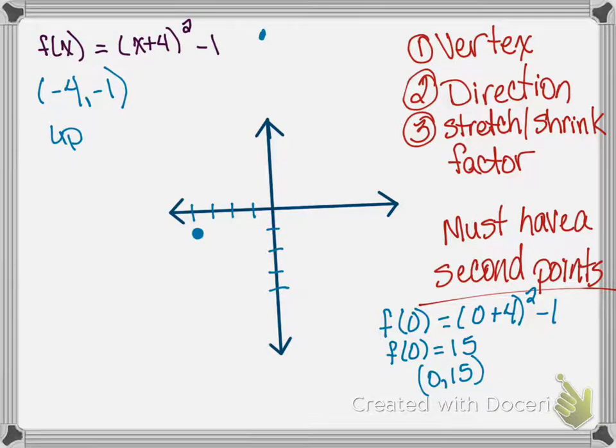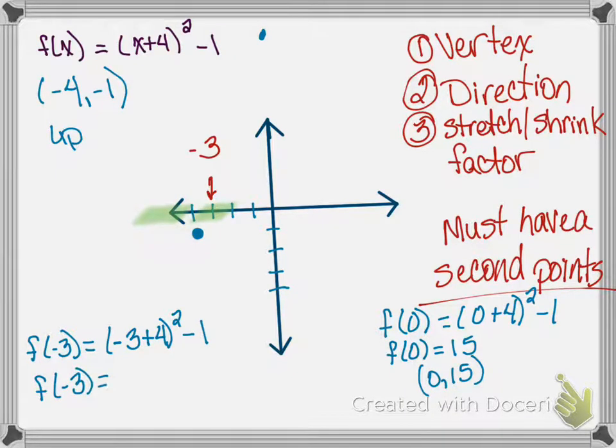So I would find an x value that's either to the left or to the right, pretty close to the vertex. So what's this point right here? For the x. What's that? Yeah, it's negative 3. So we're going to find f of negative 3. So I've got negative 3 plus 4 squared minus 1.